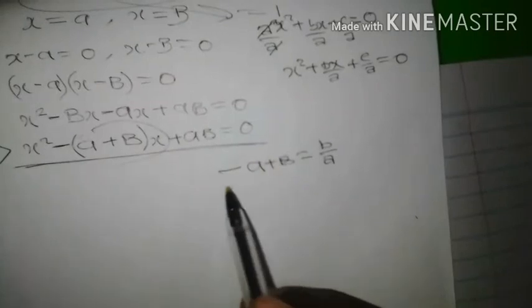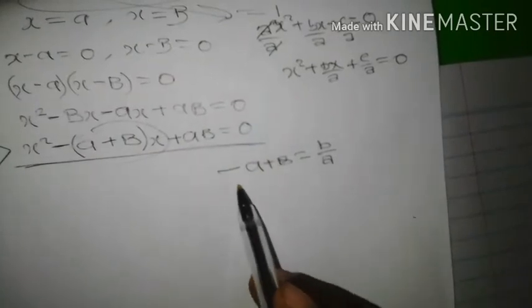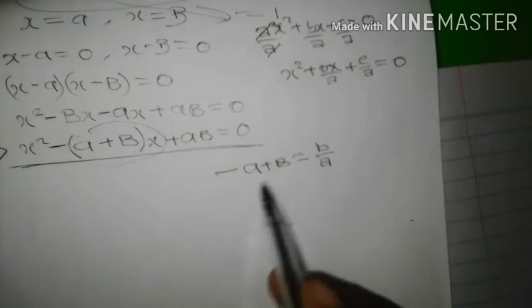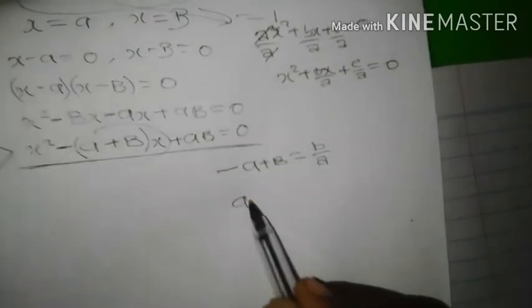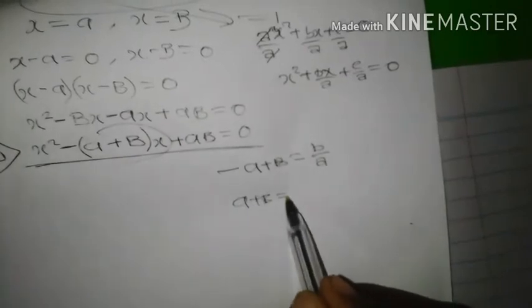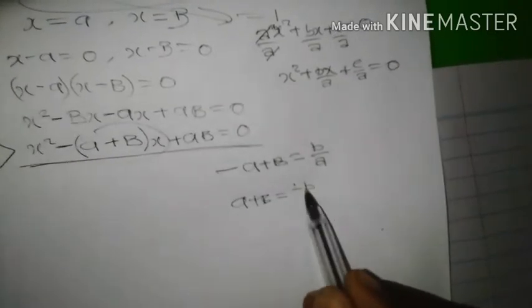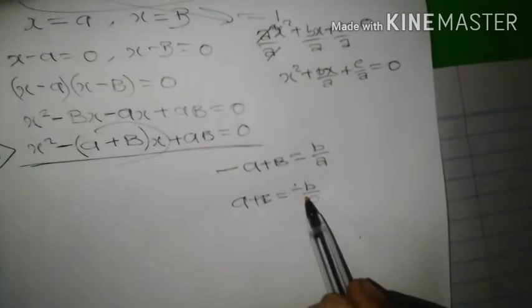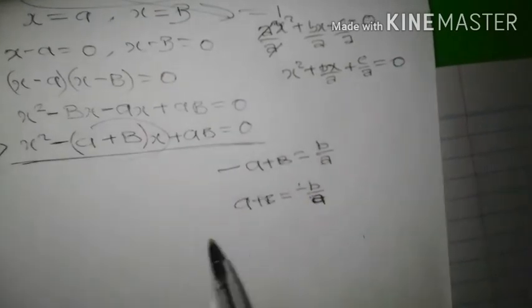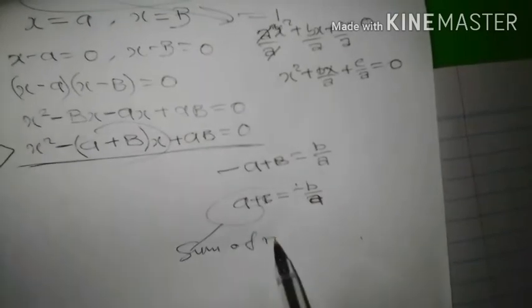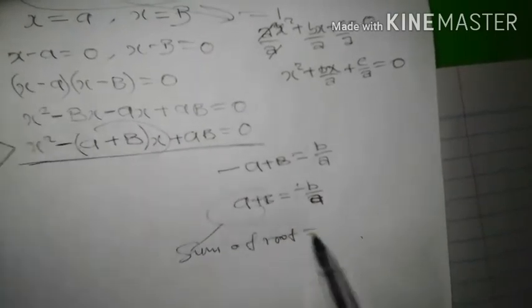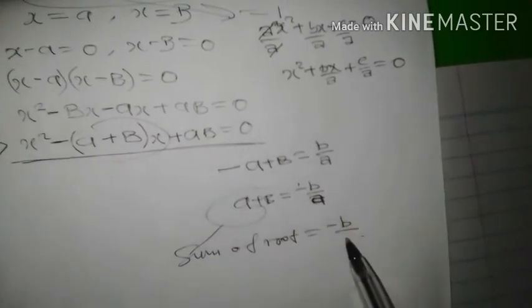We go further by multiplying both sides by negative. We are going to have alpha plus beta is equal to minus b over a. So this one is the sum of the roots. The sum of the roots is equal to minus b over a.